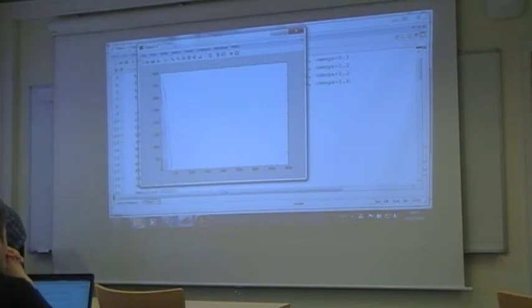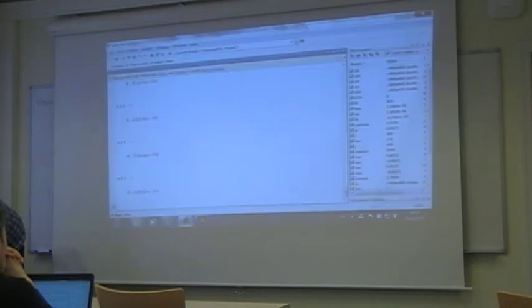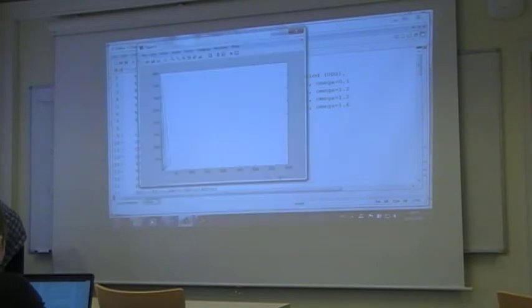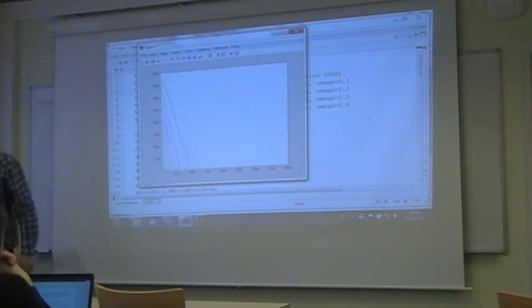So let's give it a challenge. And 1.9, that should still work, I think. Yeah, it goes a little faster. Should still be able to find the solution though.